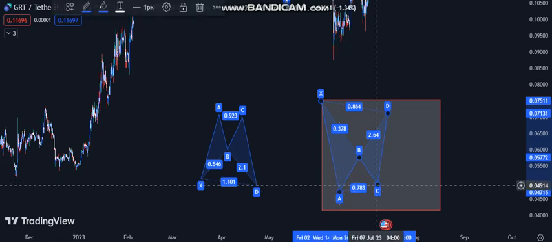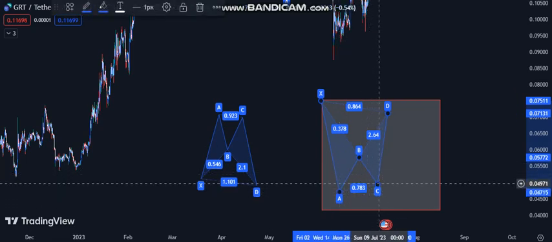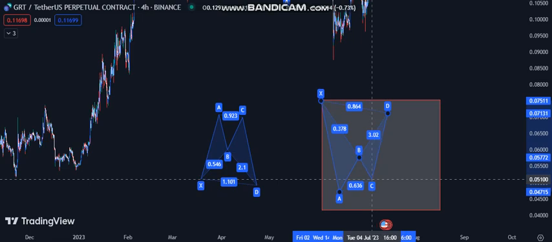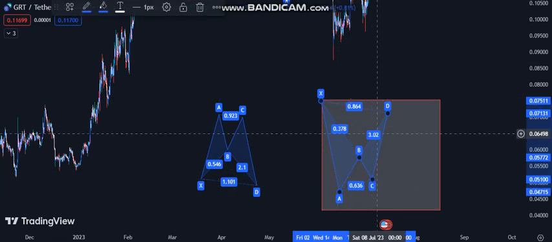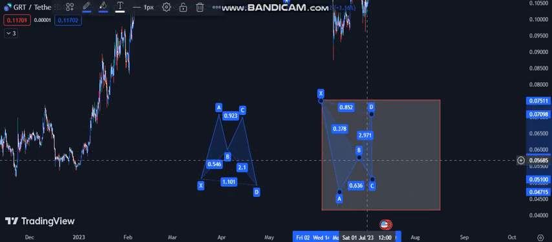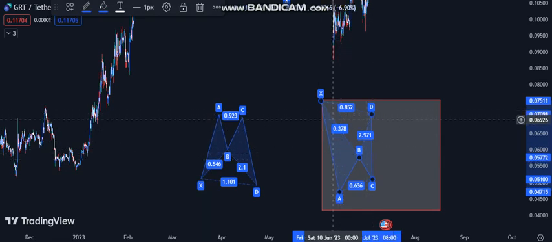So if I'm saying internal harmonic, I mean inside A and X is our internal. How to know they are external?